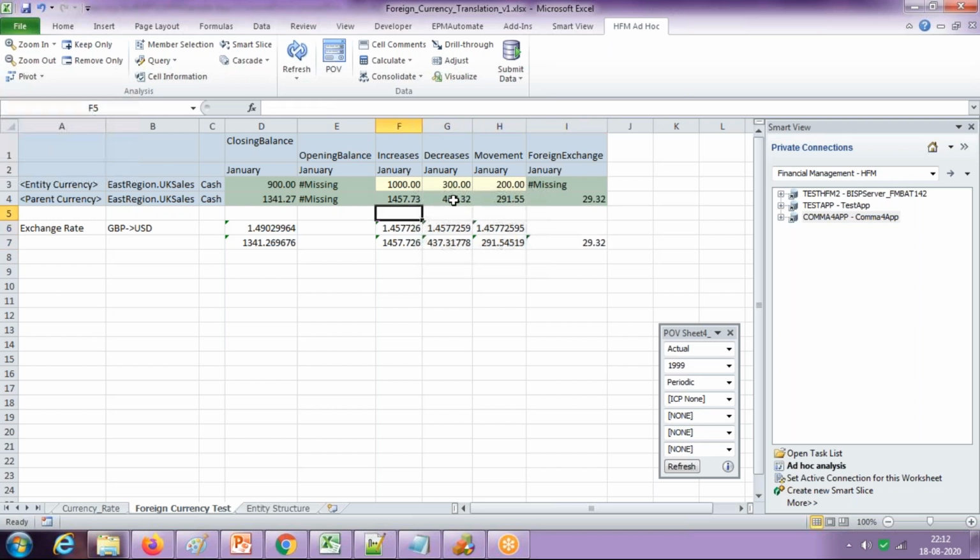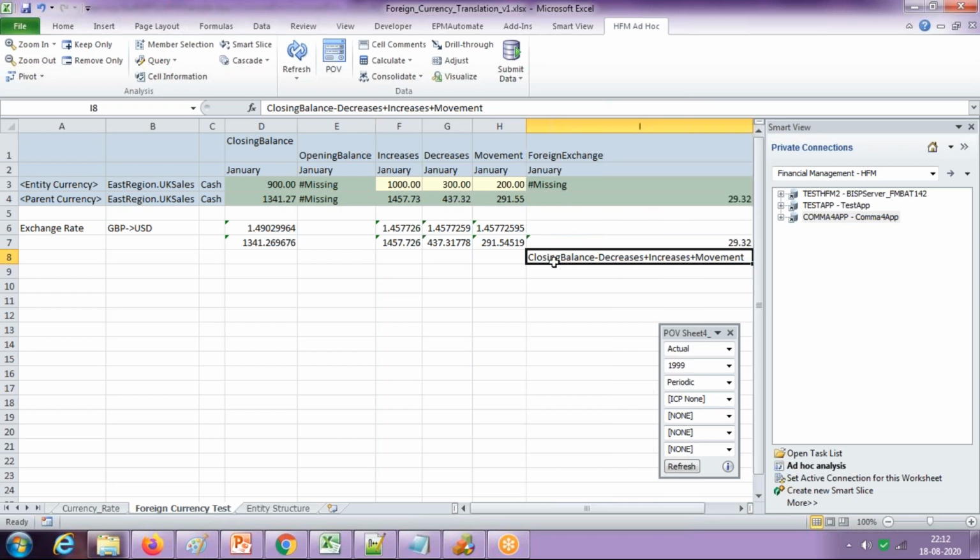Because we use switch sign for flow, whatever number you input becomes negative, and therefore I apply minus over here. So the formula is actually closing balance minus decreases plus increases plus movement, right? Because we use reverse switch sign for flow, the formula turns the other way around.